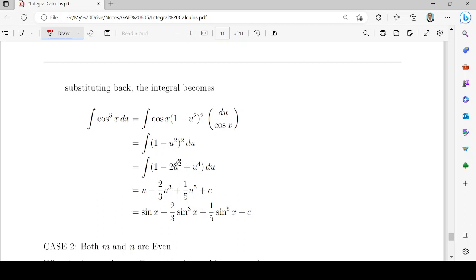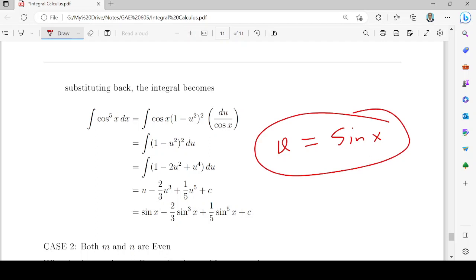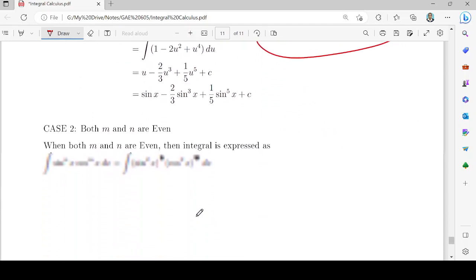The integral of minus 2u squared with respect to u becomes 2 over 3 u cubed. The integral of u to power 4 becomes u raised to power 5 over 5. Then we add the constant of integration. But u this time was sine of x. So again, we substitute back, and we get our solution in terms of the sine of x.